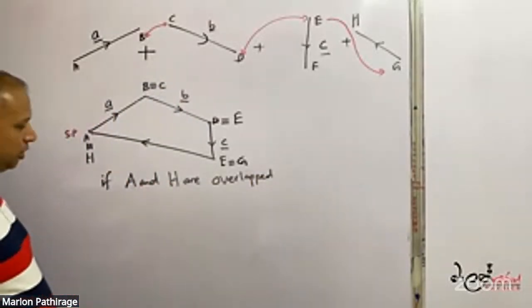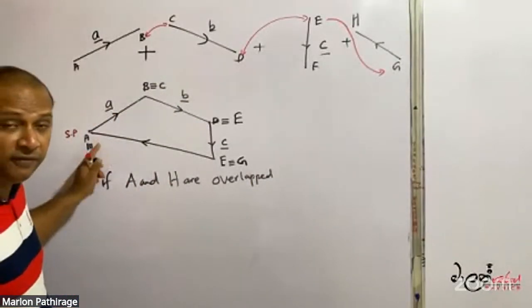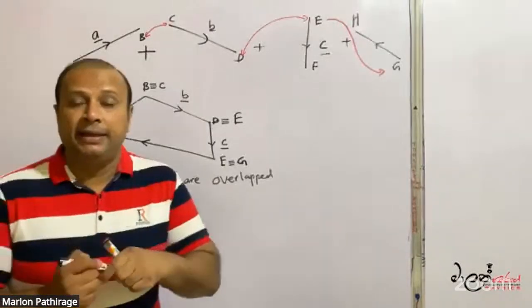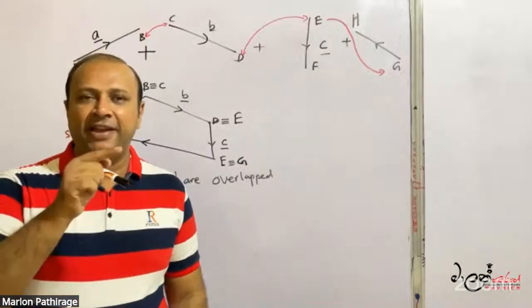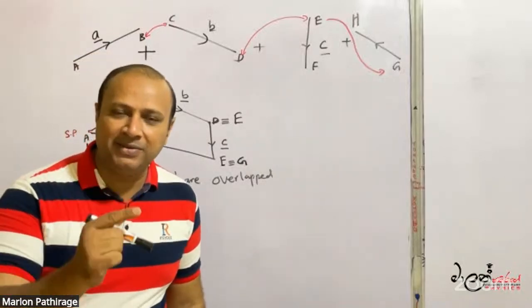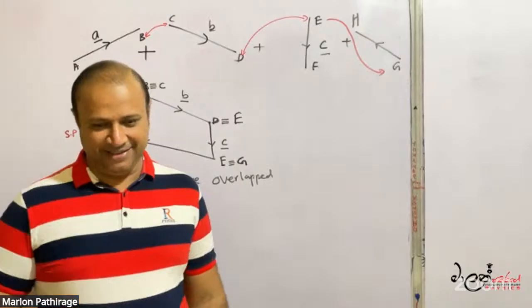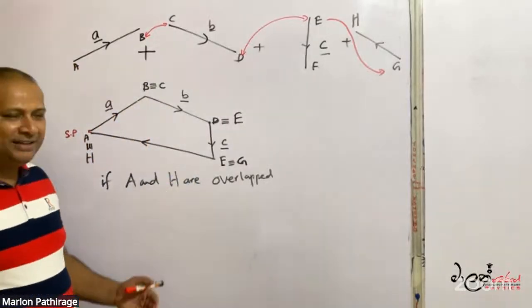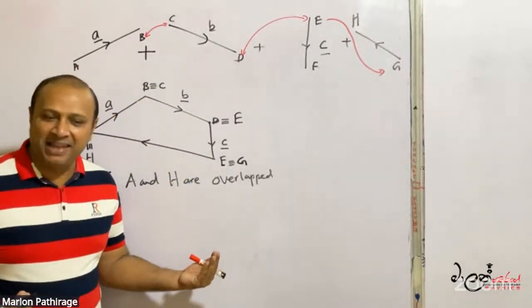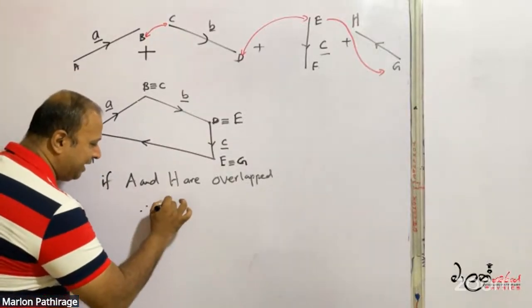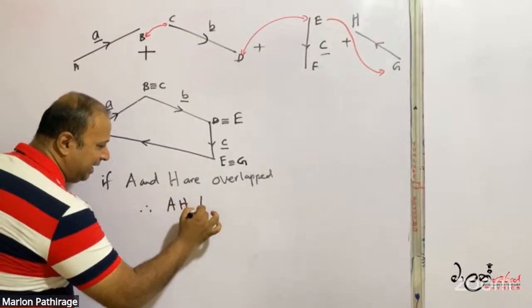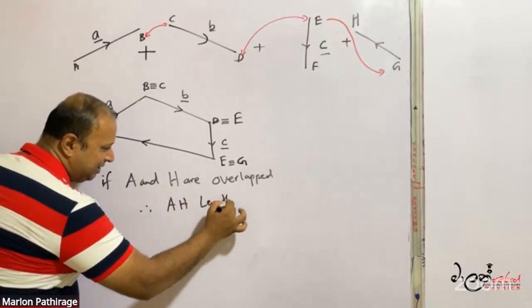If A and H overlap, what can you say about the AH length? Definitely, now there is no AH line segment. Therefore, the AH length should be 0.